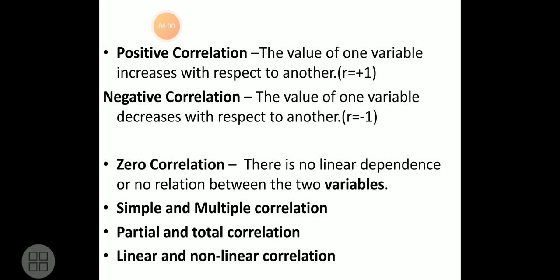As his standard increases, his mark scoring increases. Suppose in the first standard 40, second standard 50, third standard 55, fourth standard 60, and so on. As the standard increases, there is a positive correlation.